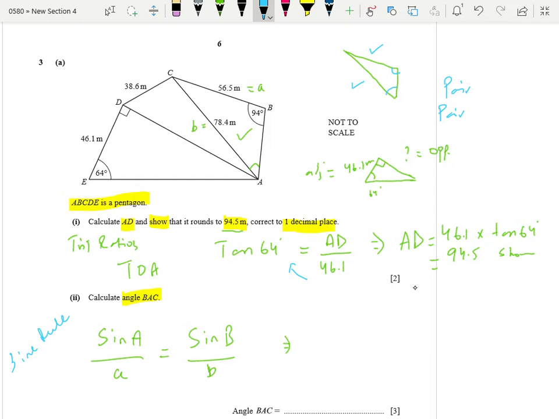One pair would be entirely known. That means the angle and the side would be entirely known. In this question, this pair of 94 degrees and 78.4 meters is the known pair.